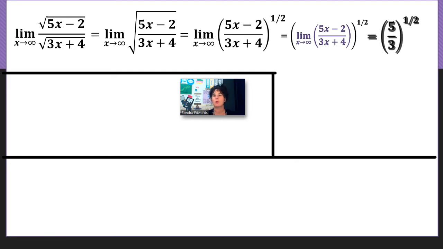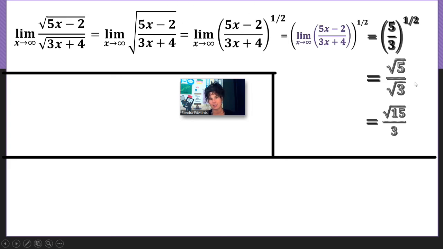So if you have the square root of 5 over 3, that's like the square root of 5 over the square root of 3. Rationalizing that denominator by multiplying the top and bottom by root 3, we're going to have root 15 over 3.